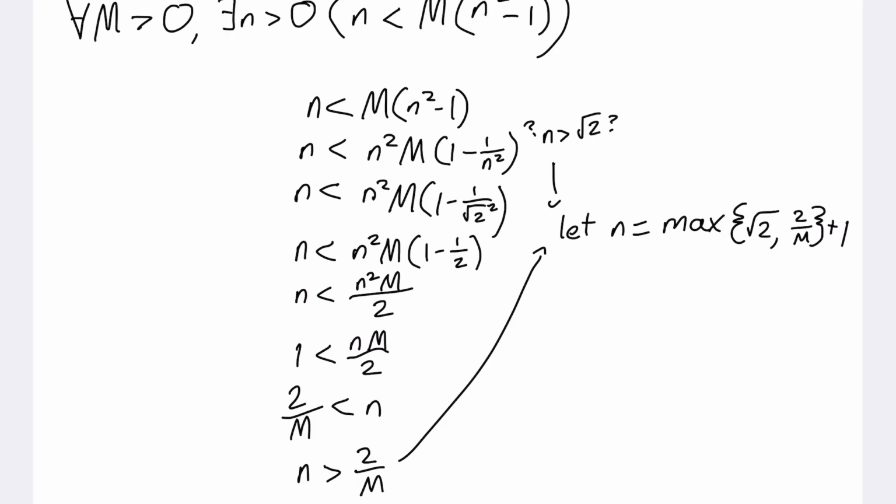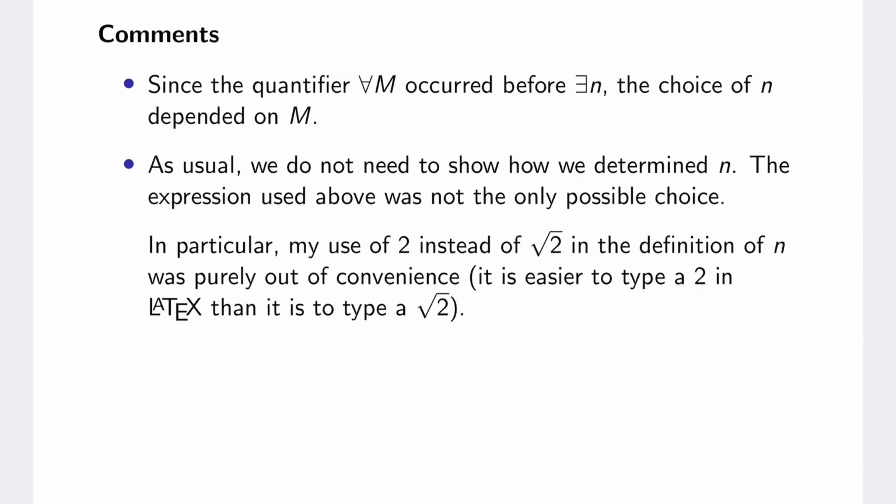If you guess that n should probably be greater than 2, it'll also be greater than root 2. And all of the math that I just did will work in the exact same way. You'll still be able to say that 1 minus 1 over n squared is less than 1 minus 1/2, just because of the ordering of the numbers. In fact, the slides use 2 instead of root 2 purely because 2 is a bit easier to type.